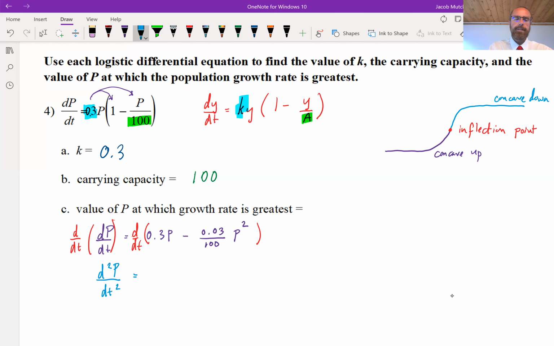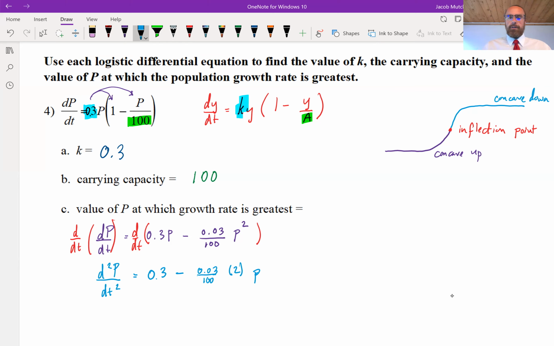So 0.3p, its derivative is just the coefficient 0.3, minus 0.03 over 100 times 2, and then p to the power of 2 minus 1, or just p to the first power.